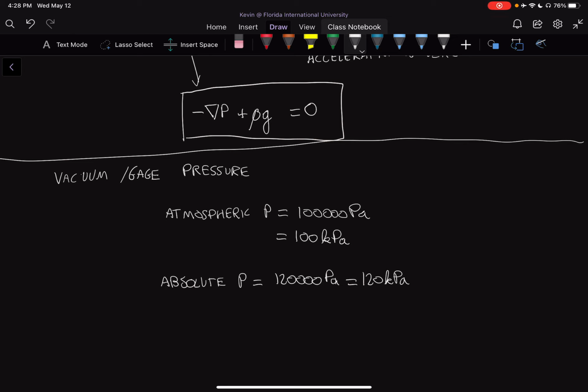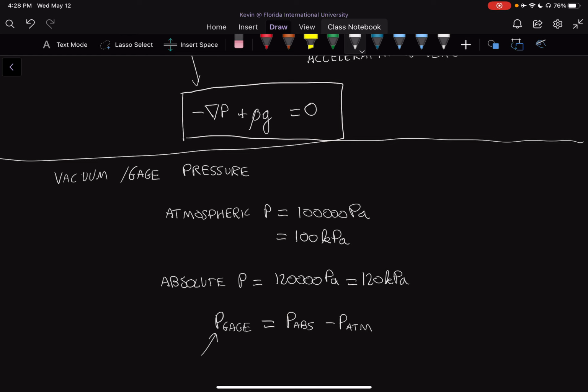So gauge pressure measures the pressure difference between your absolute pressure, which you're reading, minus your atmospheric pressure. So P gauge can be said to be equal to P absolute, which is an absolute reading, which we can't make, minus P atmospheric. So essentially, when you're reading your tire pressure, you're reading your pressure gauge.